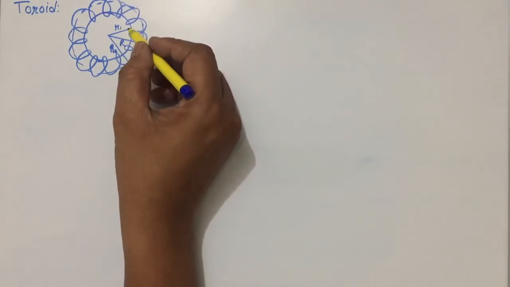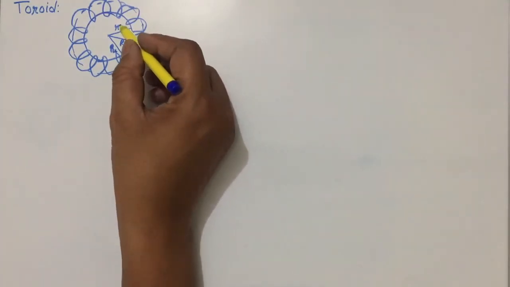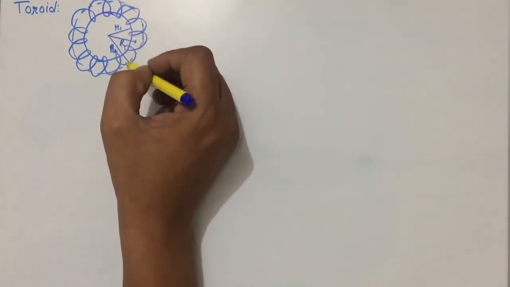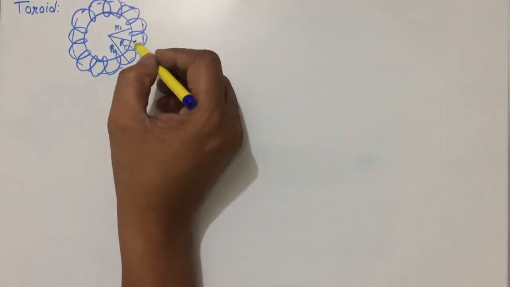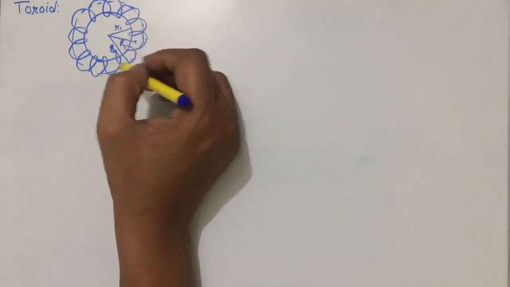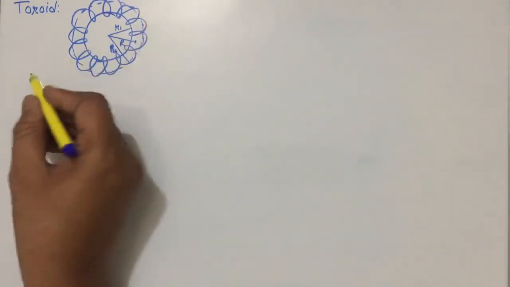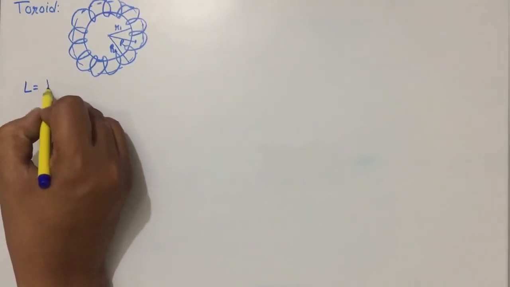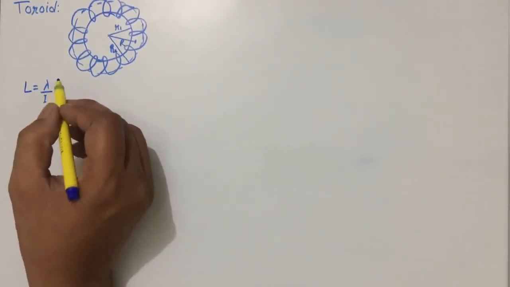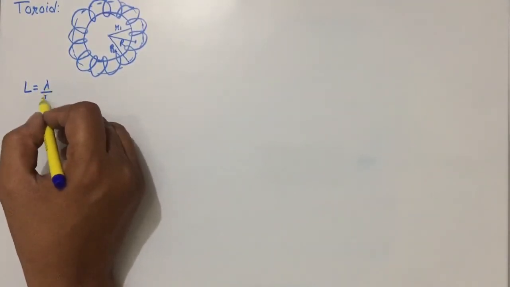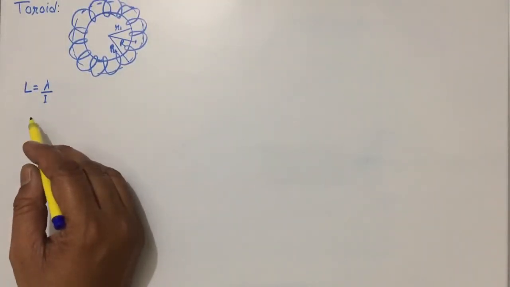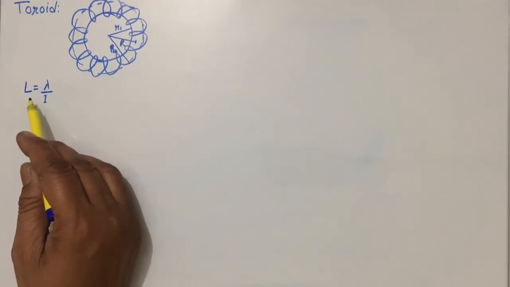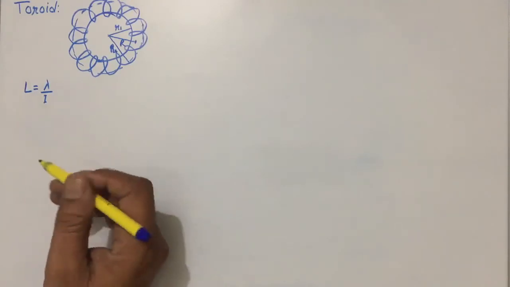The toroid inner radius is R1, the outer radius is R2, and the mean radius is capital R. The simple formula that we have for inductance is flux linkage by I, and similar to the simple solenoid, we will start from H, the magnetic field intensity, to find L.